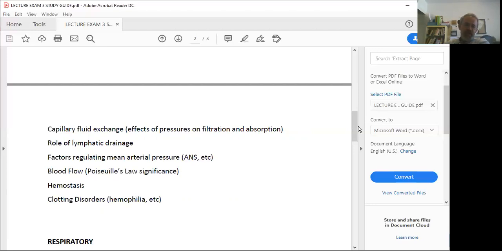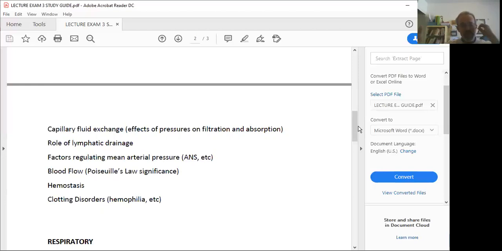Some other factors of blood vessels, of course, is we spoke about one way we measure cardiovascular function, what's called the mean arterial pressure. And the components of that, namely cardiac output and resistance, right? The balance of those and how the autonomic nervous system influences those to increase or decrease in response to high pressure or low pressure.